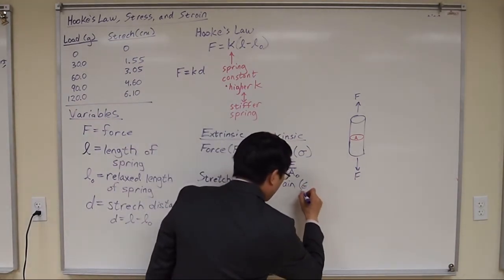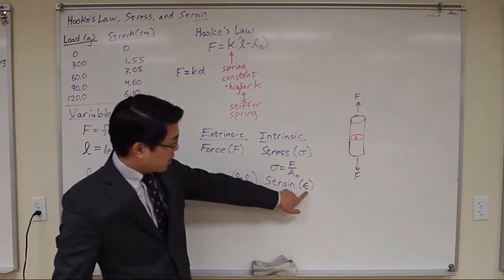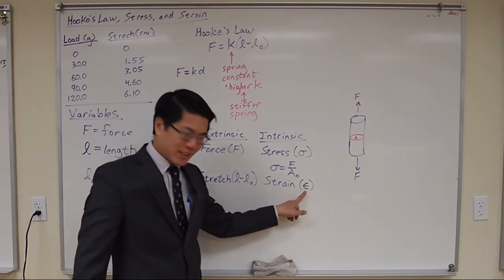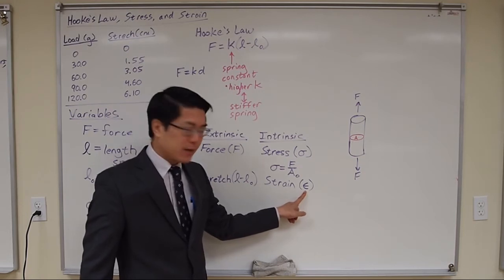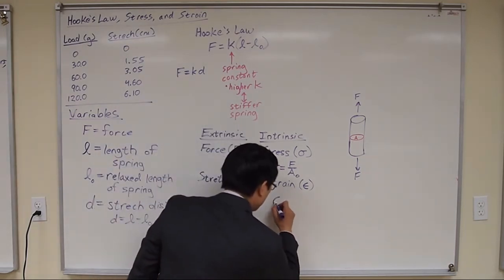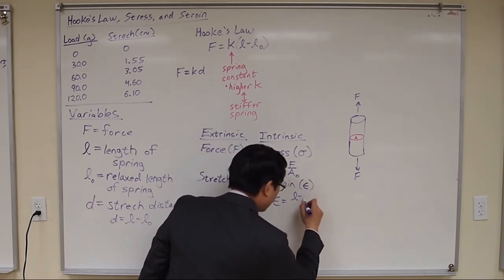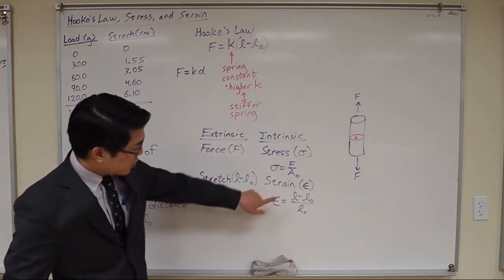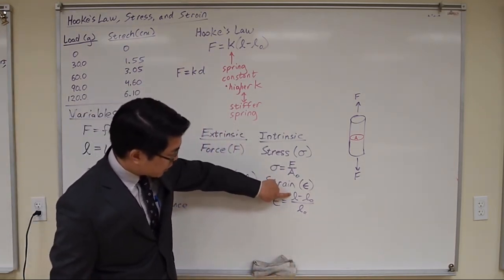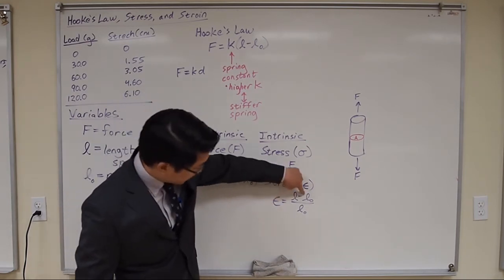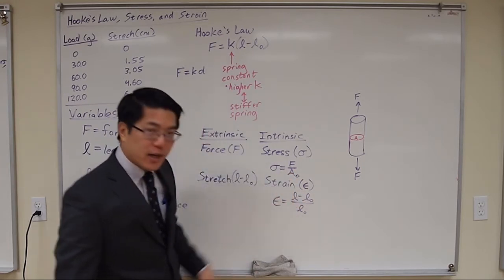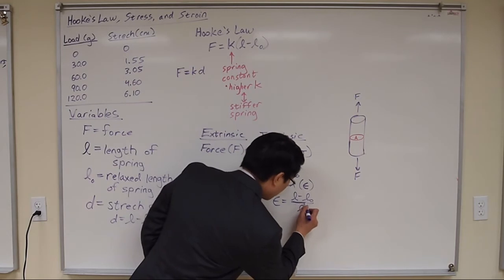Strain is abbreviated with this thing that kind of looks like an E, but a little messed up. This is the Greek letter epsilon. And epsilon is defined as L minus L0 over L0. So it's how long the material is right now minus how long it was before we started applying force to it, all of that divided by how long it was before we started applying force to it.